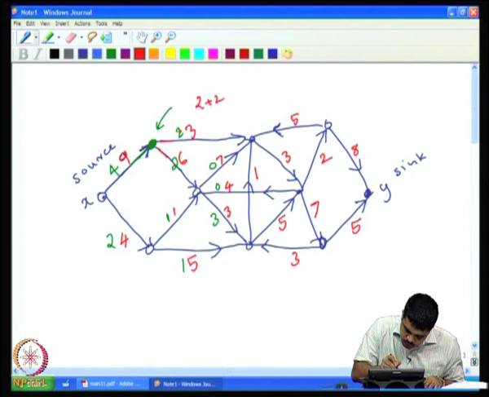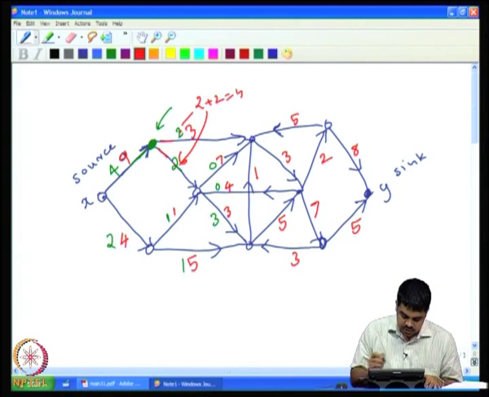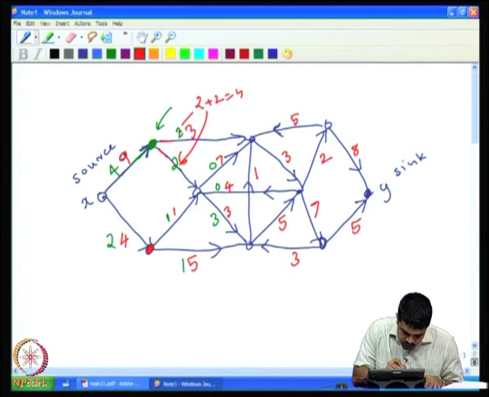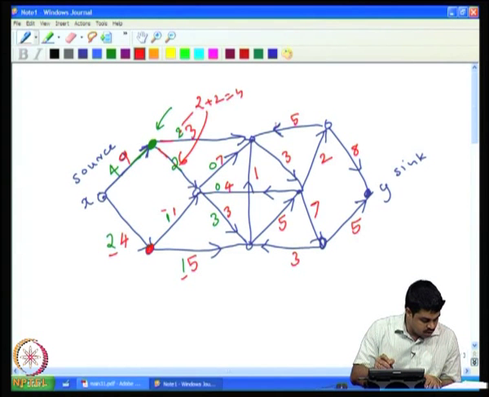Here this 2 and this 2, so the constraint is satisfied. Here also we can check: incoming is 2 and outgoing is 1 plus 1, 2. So here also it is met.